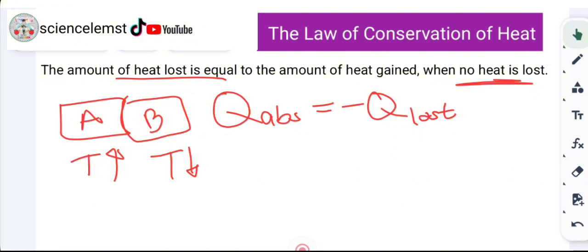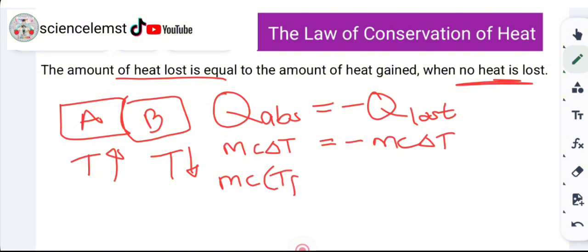Another thing that we know is that Q is a symbol for heat. And from the previous video, we learned that heat can be calculated with the formula mcΔT, which is equal to negative mcΔT. ΔT, I know it is what?